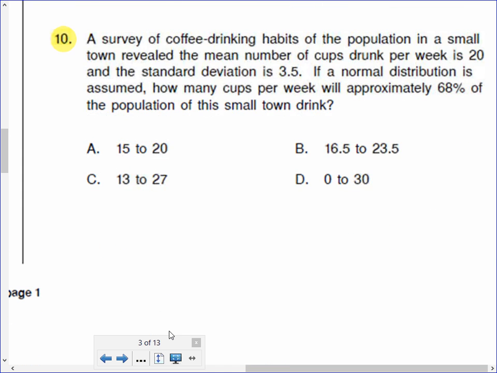A survey of coffee drinking habits of the population in a small town revealed that the mean number of cups drunk per week is 20. And the standard deviation is 3.5. Standard deviation, draw a bell curve.